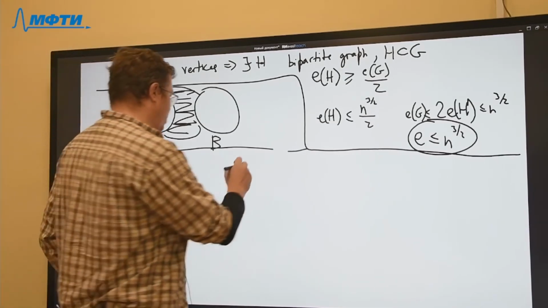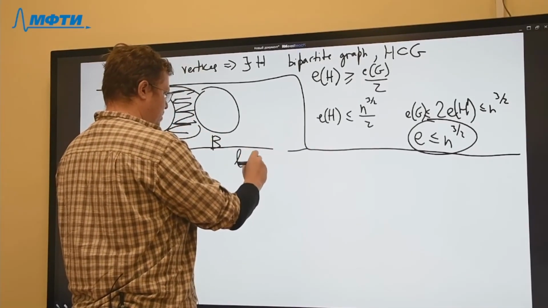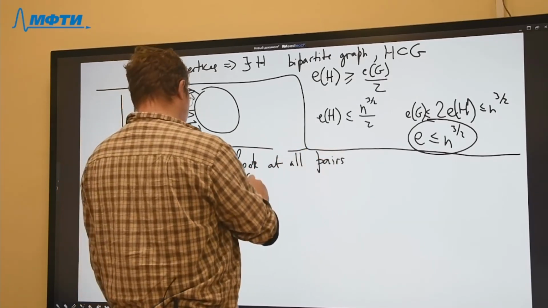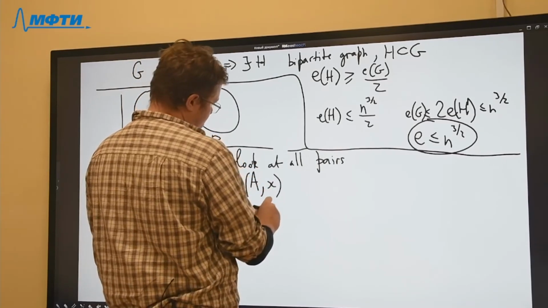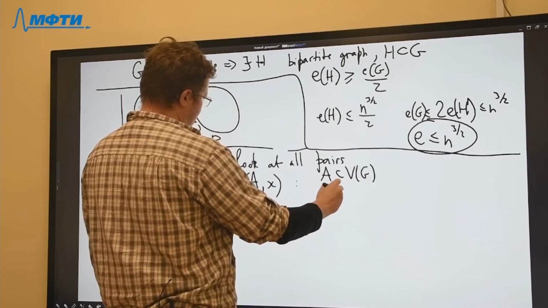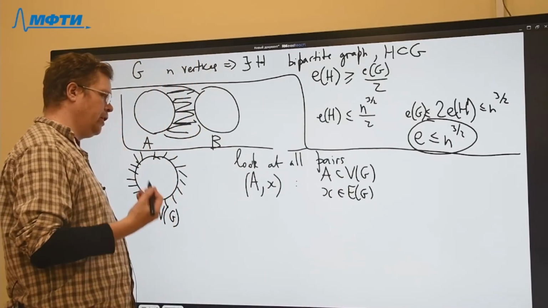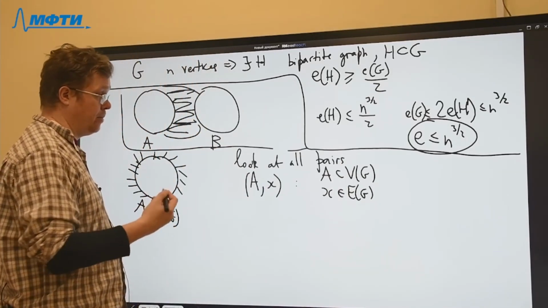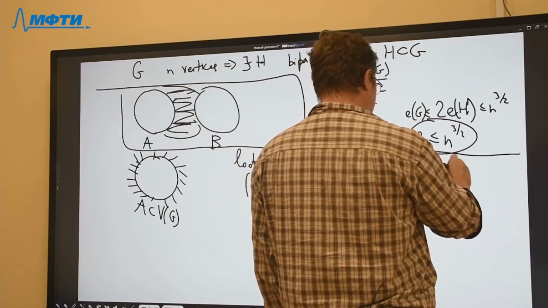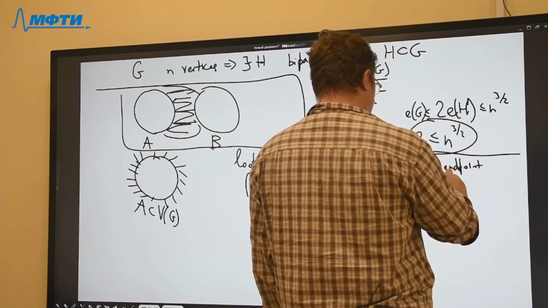So let's look at all pairs (A, X) such that A is a subset of the set of vertices, X is some edge, and only one endpoint of X belongs to A.